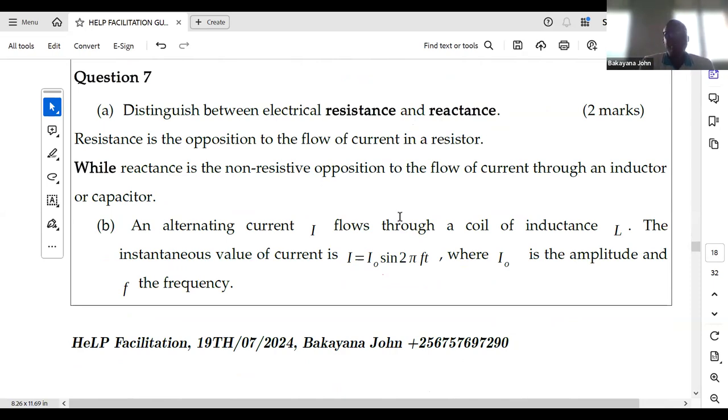Reactance deals with an inductor or a capacitor. Is that okay? So resistance is the opposition to the flow of current in a resistor, whereas reactance is non-resistive, meaning that reactance is opposition to the flow of current through an inductor or a capacitor. Is that okay?